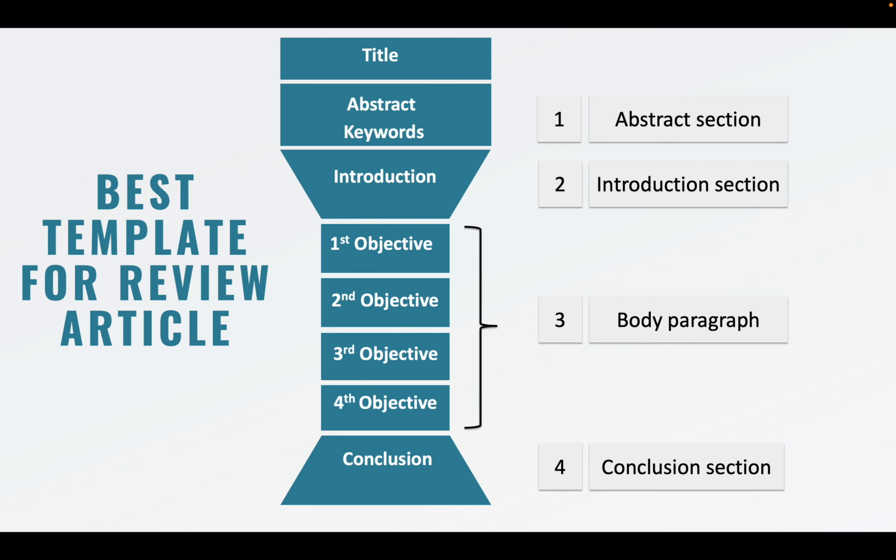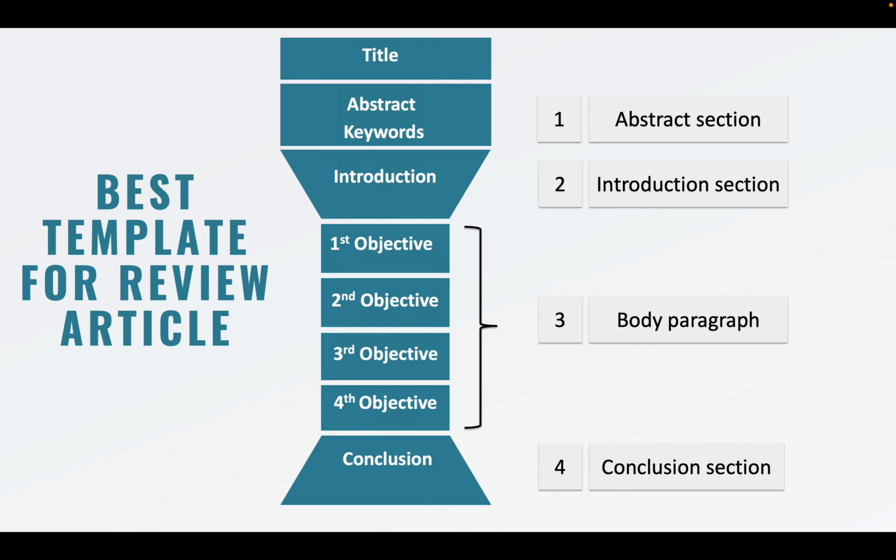Now, what are the basic elements if you want to write a review article for a high impact factor journal? You have to follow this template, and I will discuss why in the next slides. Based on our experience, this template will be one of the best templates for writing a review article.